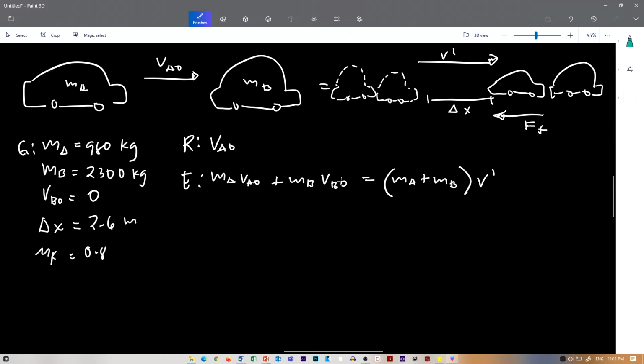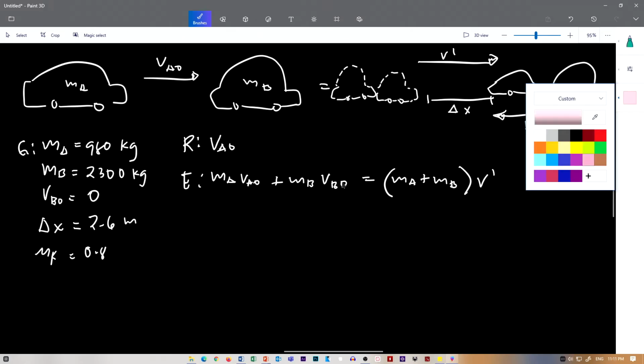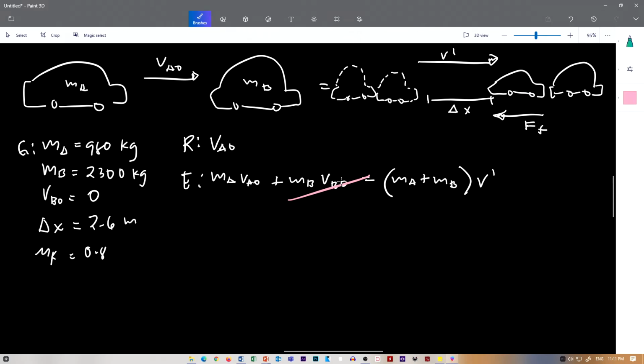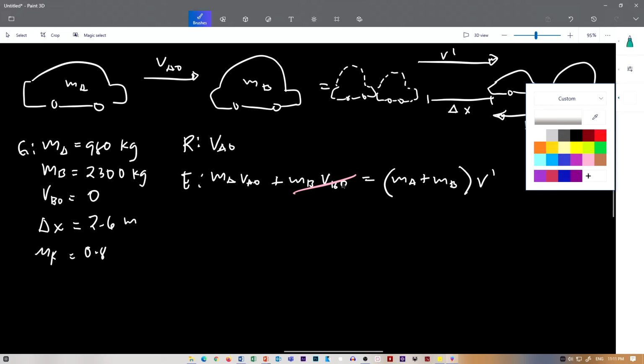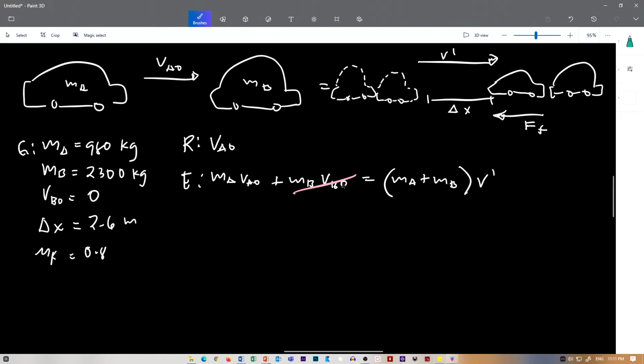Now we know that v sub b sub 0 is 0, right? So we can just cancel this one. We won't be needing that. Now we're left with m sub a v sub a sub 0 equal to m sub a plus m sub b multiplied by v prime.